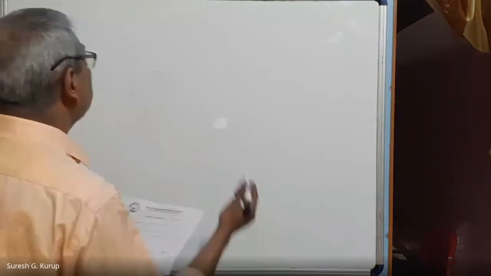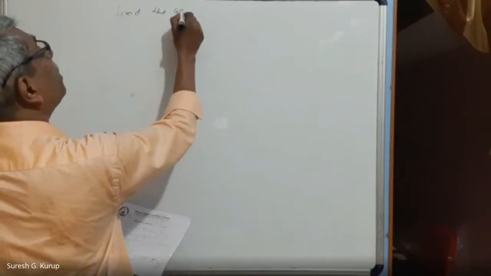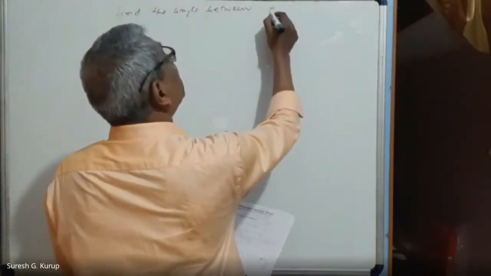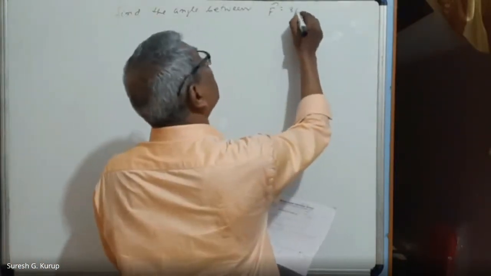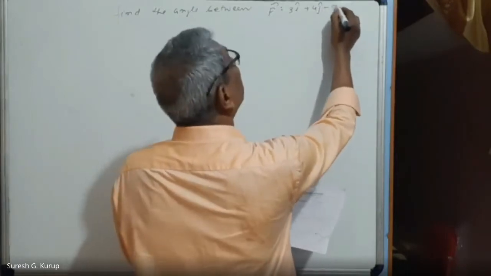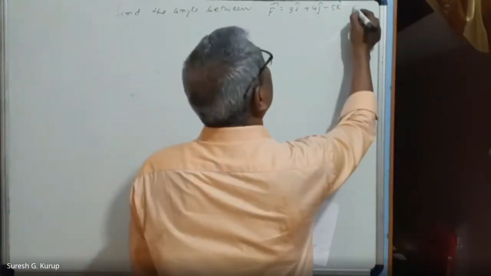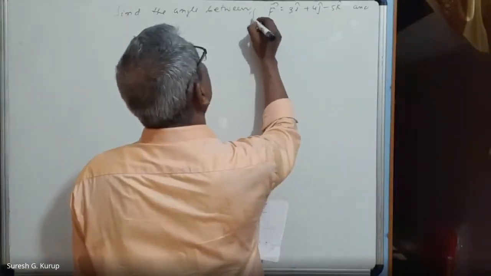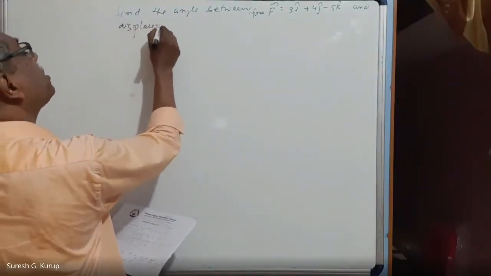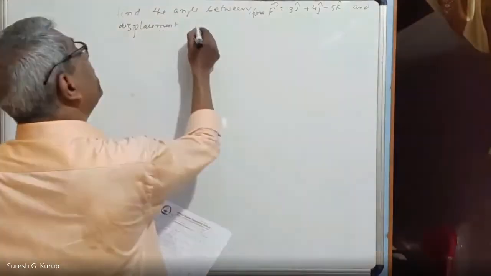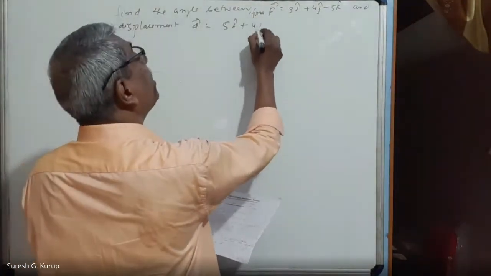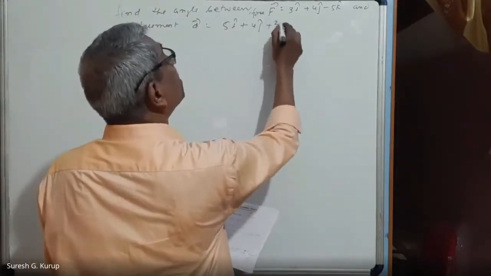Find the angle between force vector F is equal to 3i plus 4j minus 5k cap, and displacement vector d is equal to 5i plus 4j plus 3k, right?